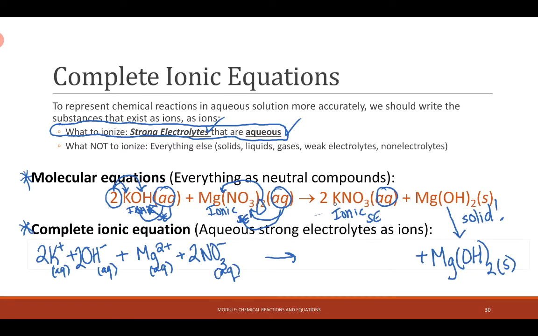Now we move over to the product side, and we have 2 potassium nitrates. That 2 will apply to both the potassium and the nitrate, and the aqueous will apply to both as well. So that's going to be 2 potassium ions and 2 nitrate ions that are aqueous.